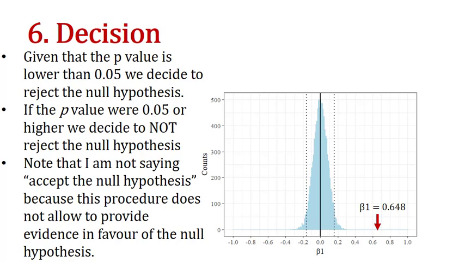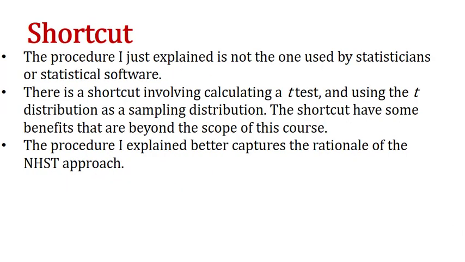So basically, we follow this procedure when we do an NHST, but as I said before, the actual procedure uses a shortcut. It actually doesn't generate a distribution of beta 1s.